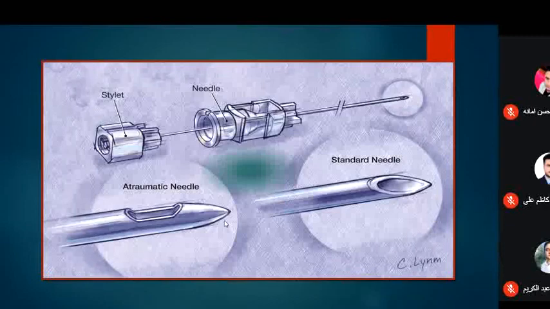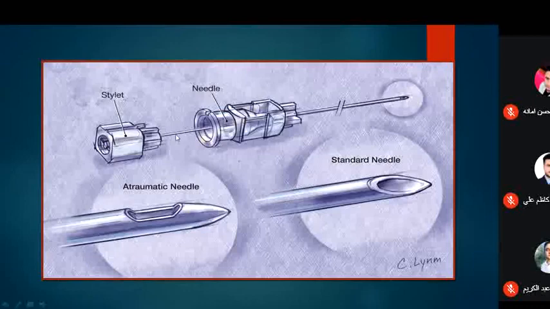Now, this slide shows the parts of the spinal needle. This is called the stylet, and this is the needle.